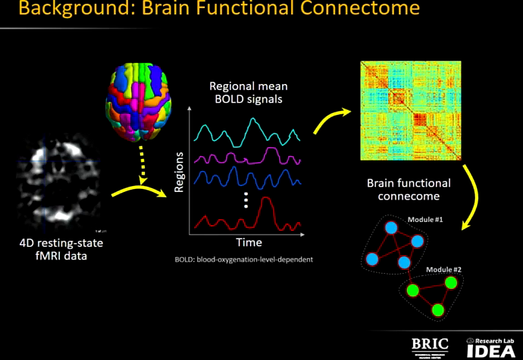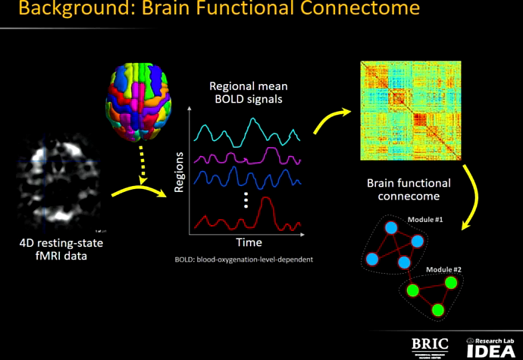As we all know, the 4D fMRI data can be used to construct a brain functional network in a functional connectivity matrix form. And you can see that there are structures in that connectivity matrix, which we call modules or communities.